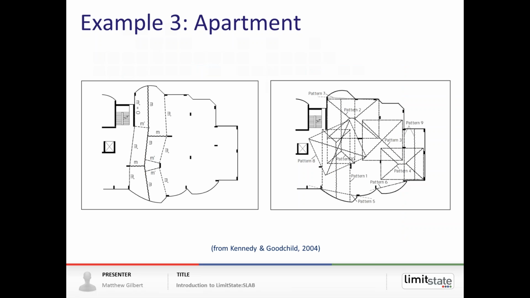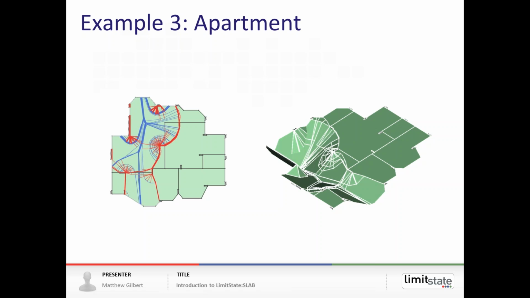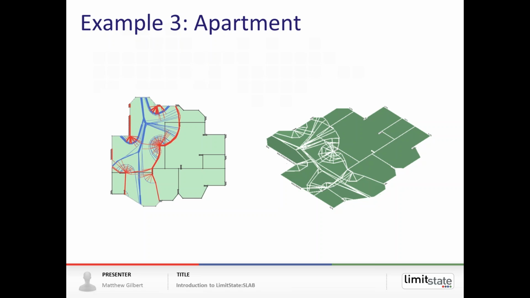You can imagine that's quite a time-consuming process, whereas with the LimitState SLAB software, it's a very, very simple matter of getting in the geometry, clicking solve, and automatically you will get the critical yield line pattern, which is relatively complex, as you can see in the slide in front of you.